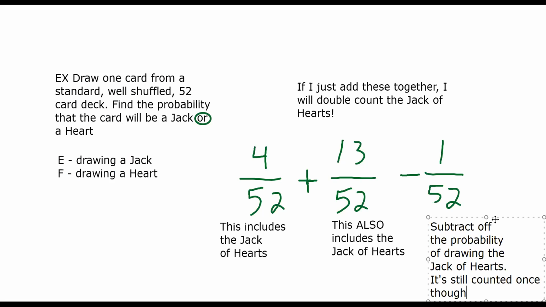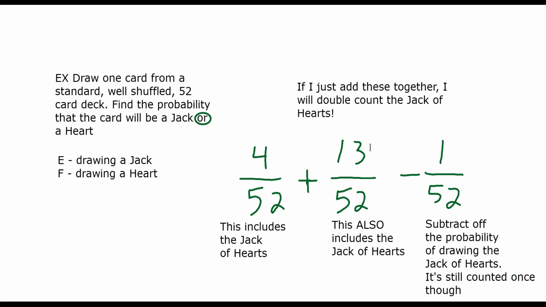It's counted exactly one time. It's counted here and here. We subtracted off, leaving the other one still in play. And you're going to end up with 16 over 52 as your true probability, which reduces to 4 over 13. And then you can have a field day with whatever that is as a decimal or a percent.